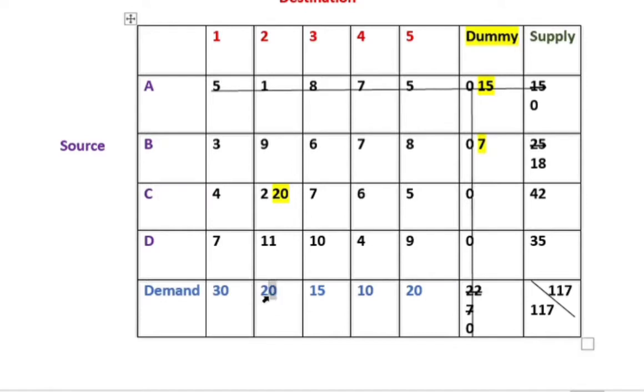Now 20 minus 20, 0 demand is left, and 42 minus 20 is 22 supply left. So this column will get cancelled as 0 demand is left in this column.